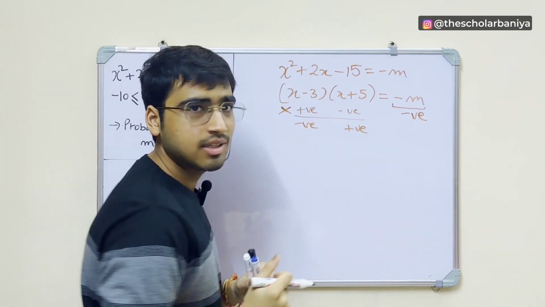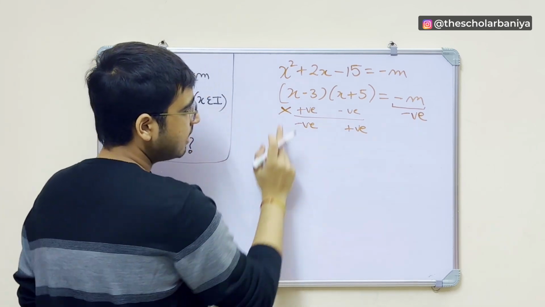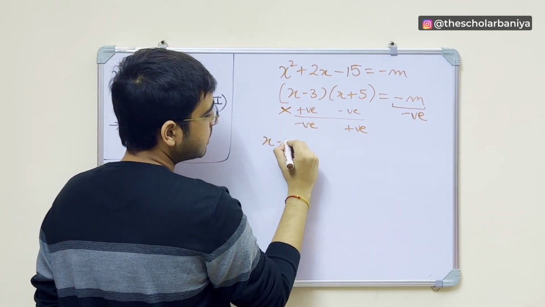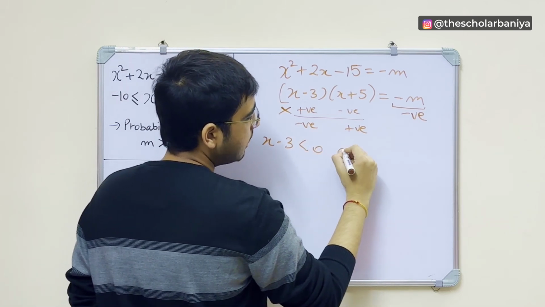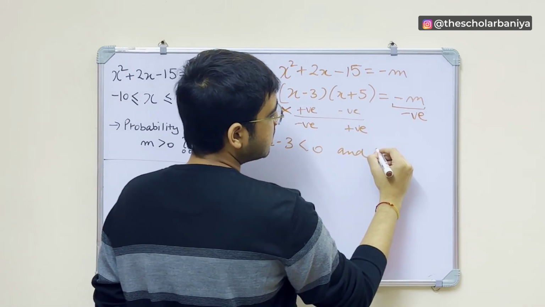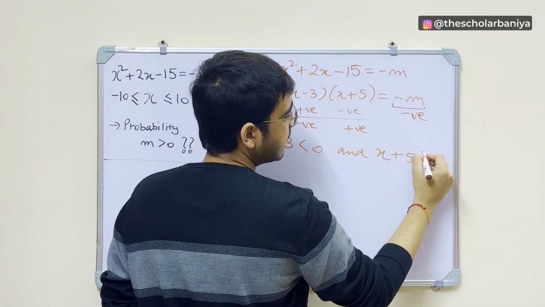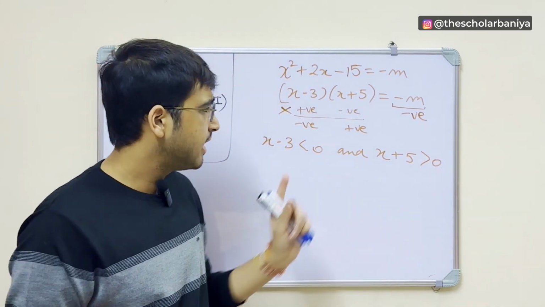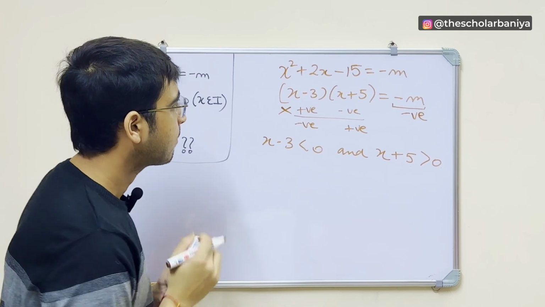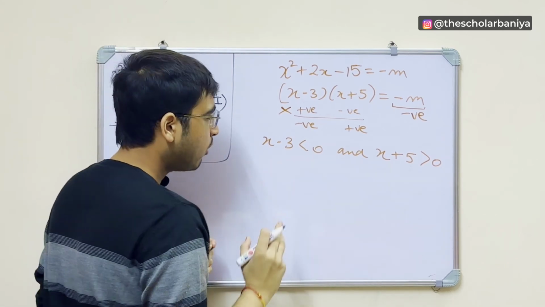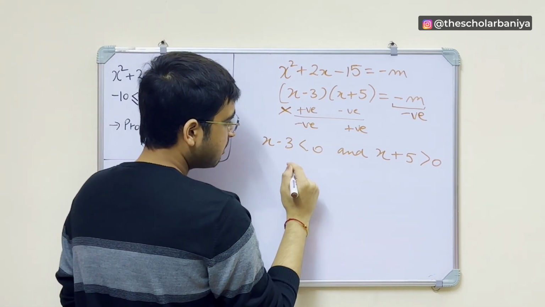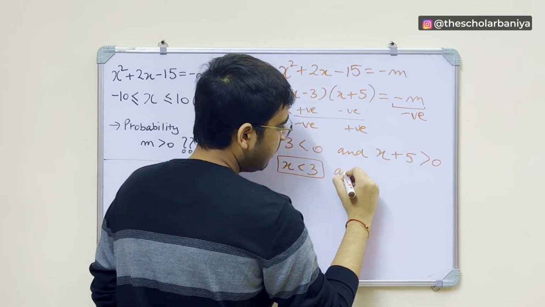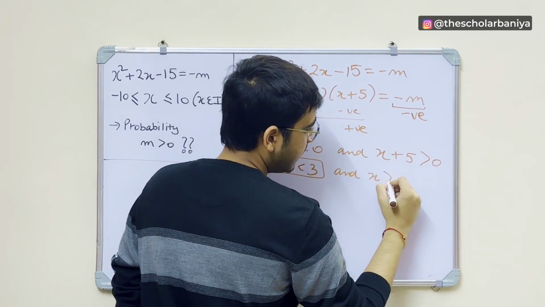Now let's talk about the second case. What is the second case? The second case is x minus 3 is negative, that means x minus 3 is less than 0, and x plus 5 is positive, so x plus 5 is greater than 0. If you solve this, it comes out to be x is less than 3 and x is greater than minus 5.